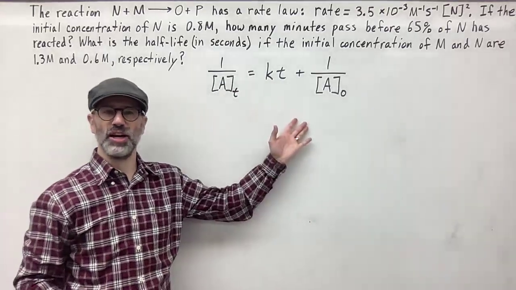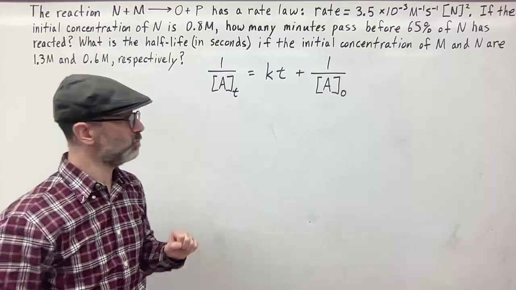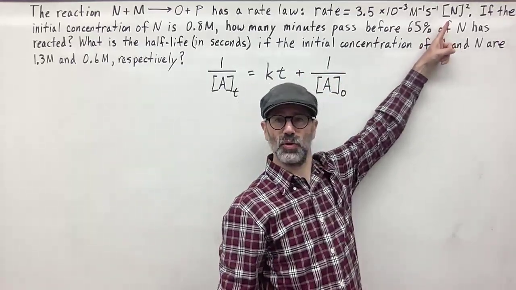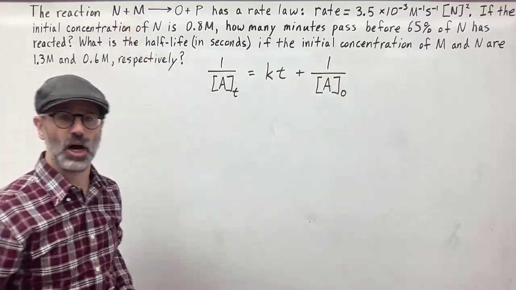So this is the generic equation. A is just whatever substance we're looking at. Since we're looking at the reaction with respect to N, N is the reactant here in our equation.